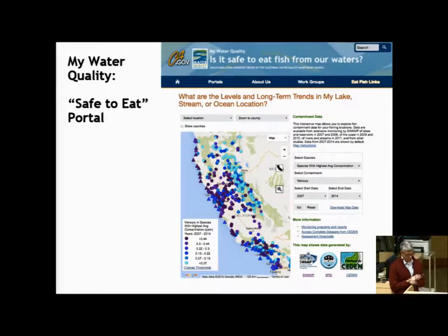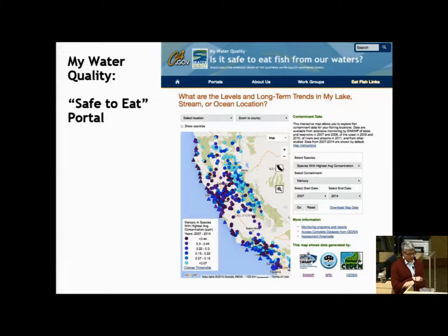And because of that, and also understanding that mercury is a contaminant whose roots go back to the gold rush, and it's a difficult task to try to reduce levels in the environment, something that we can do in the meantime is inform people about the patterns in terms of what water bodies are high and low and what species are high and low.